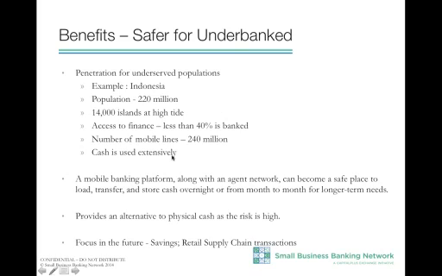The focus, I have a feeling, is going to be the savings in the future, and definitely the retail supply chain transactions. Like most of these people will have small shops which sell Coca-Cola or milk food or cigarettes, and they all deal in cash.